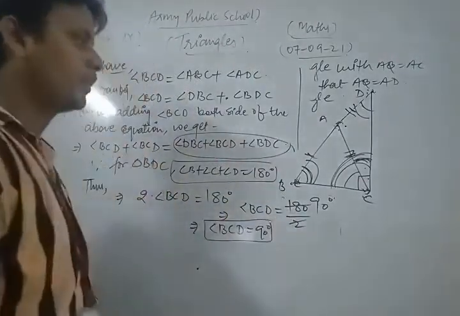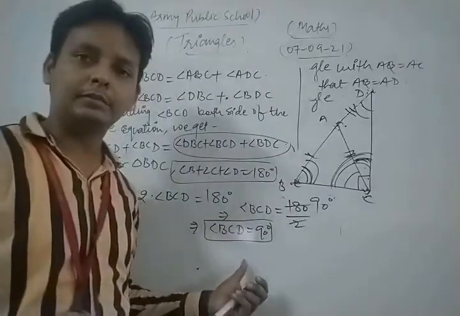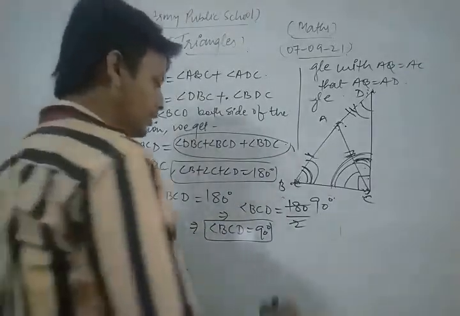In this way, we have shown that angle BCD is equal to 90 degrees.